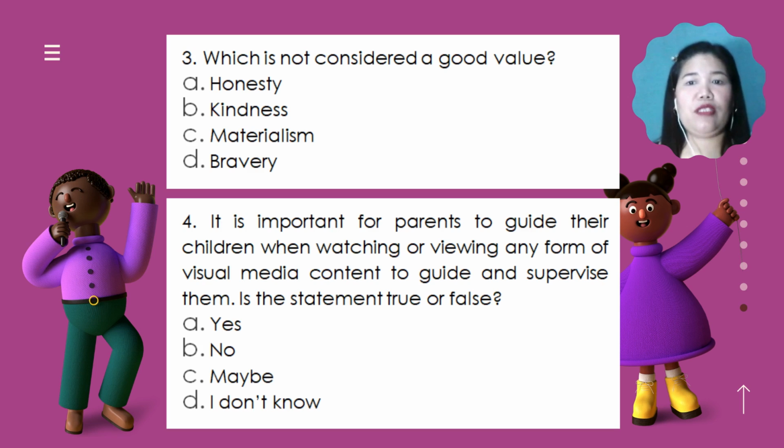Number 3 question. Which is not considered a good value? A. Honesty. B. Kindness. C. Materialism. Or D. Bravery. Number 4. It is important for parents to guide their children when watching or viewing any form of visual media content, to guide and supervise them.